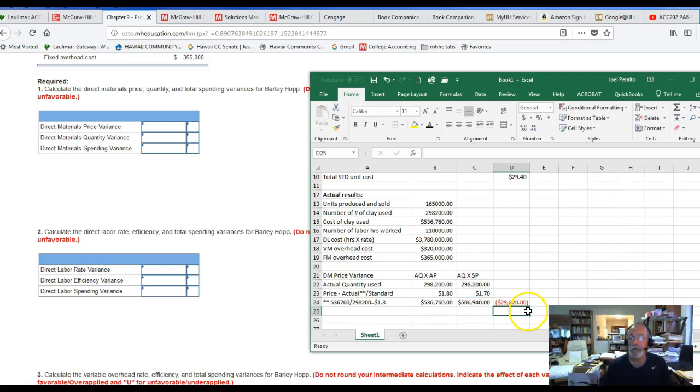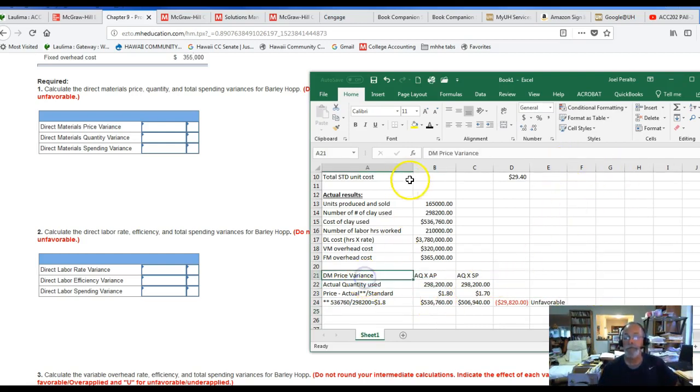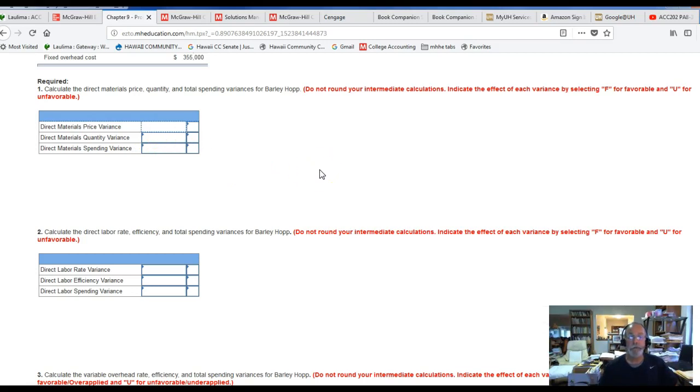And so that shows $29,820 unfavorable variance, price variance for direct material. And of course, the first thing we need to do is check it.